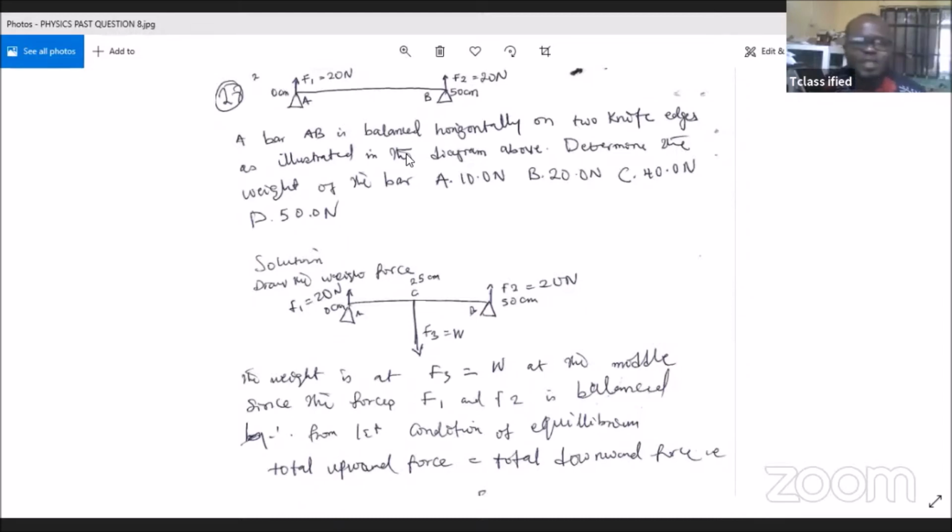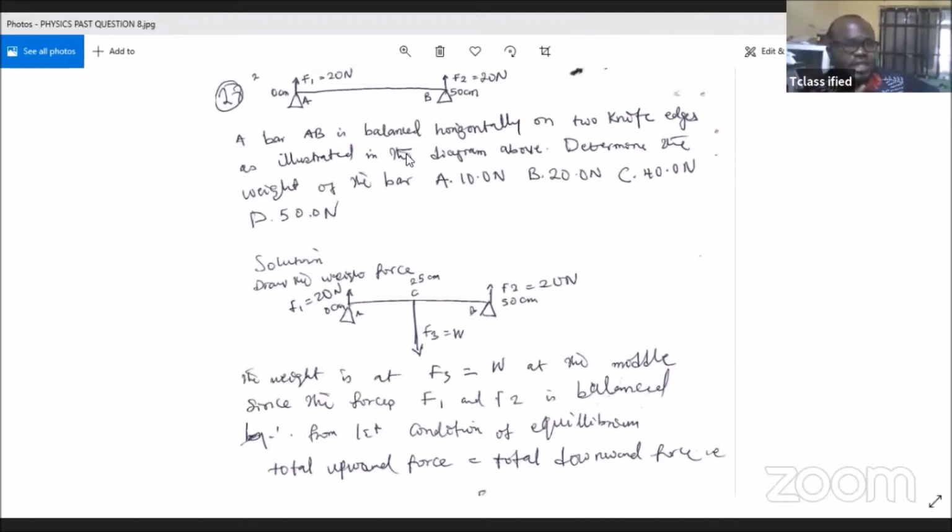A bar AB is balanced horizontally on two knife edges as illustrated in the diagram above. Determine the weight of the bar. Option A, 10.0 newtons, B, 20.0 newtons, C, 40.0 newtons, D, 50.0 newtons. In order to understand this, first we have to redraw what is up there.